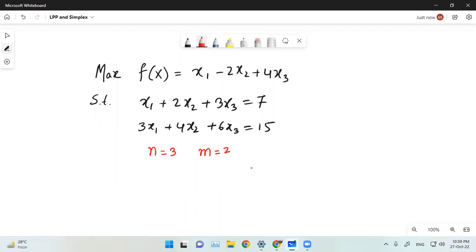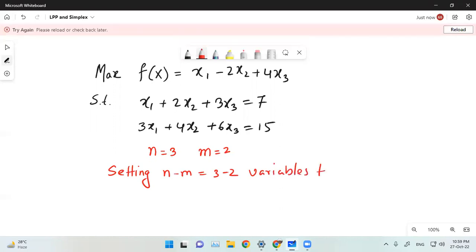This gives us how many variables we have to set to 0: n minus m, that is 3 minus 2, so 1 variable will be set to 0. Basically, 1 variable will be the non-basic variable.